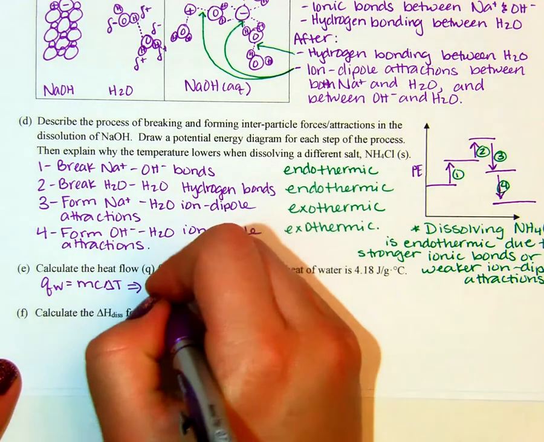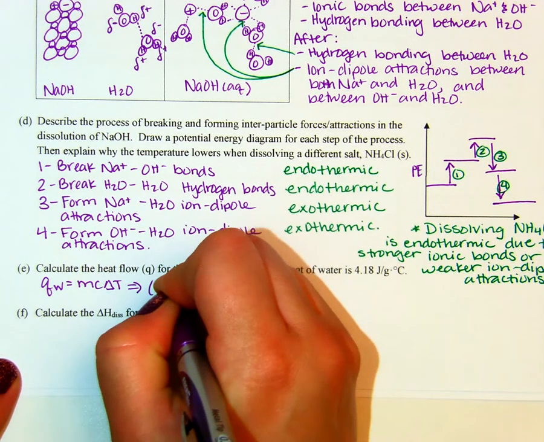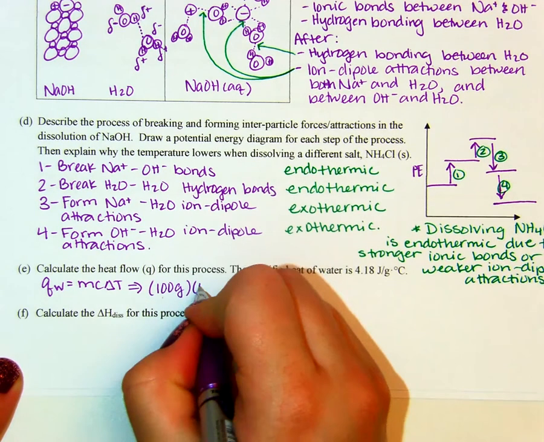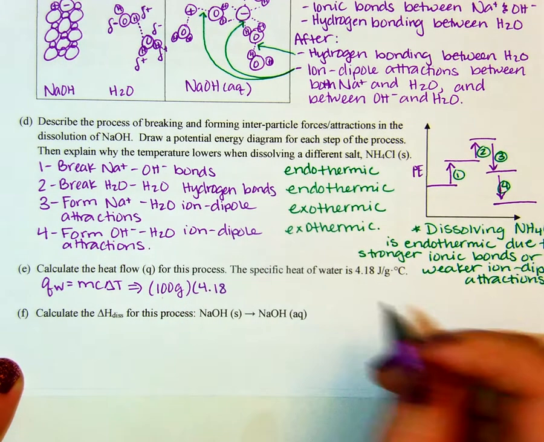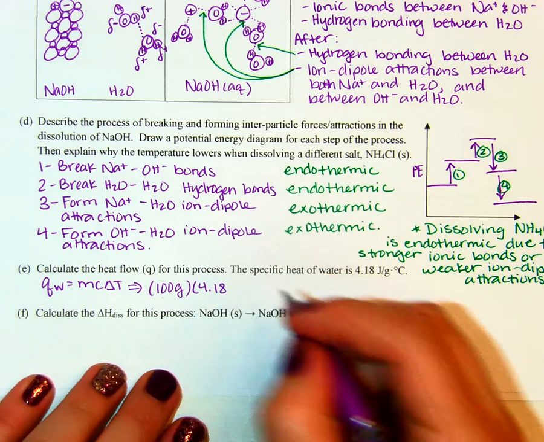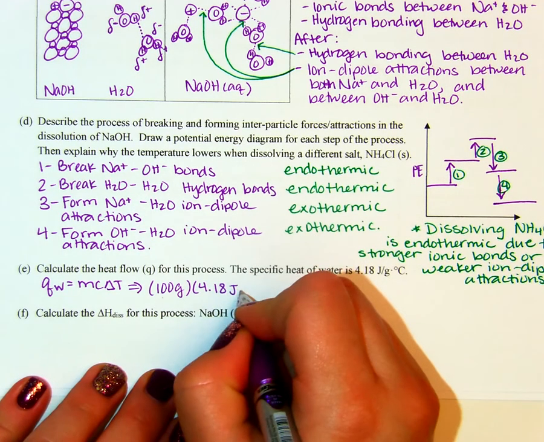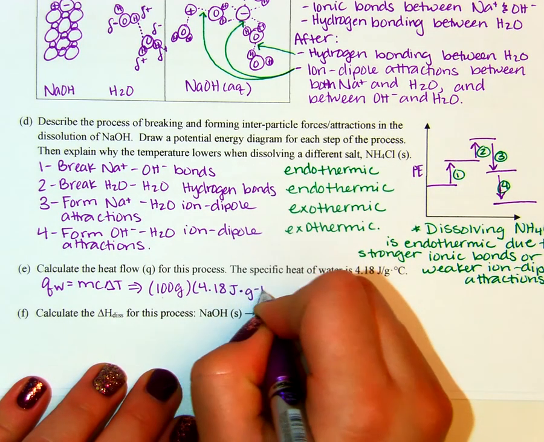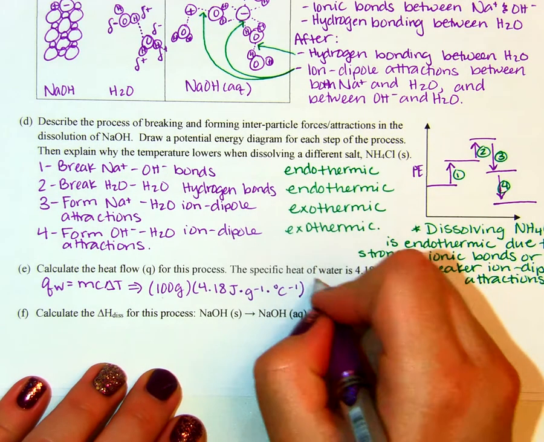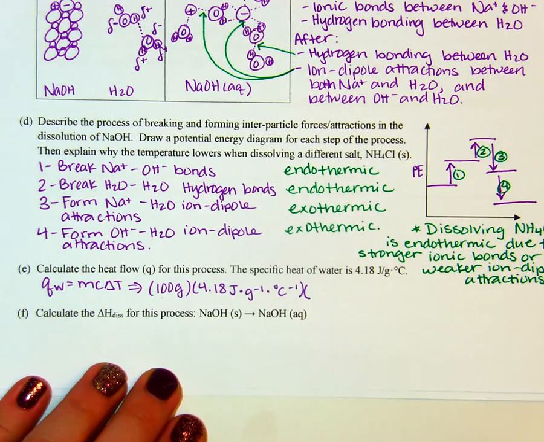So we had 100 grams of water. We were given the specific heat of water, which is 4.184. I think we're just stopping at 4.18. And that's going to be in joules times inverse grams times inverse degrees Celsius. And then delta T is our change in temperature, so final minus initial.